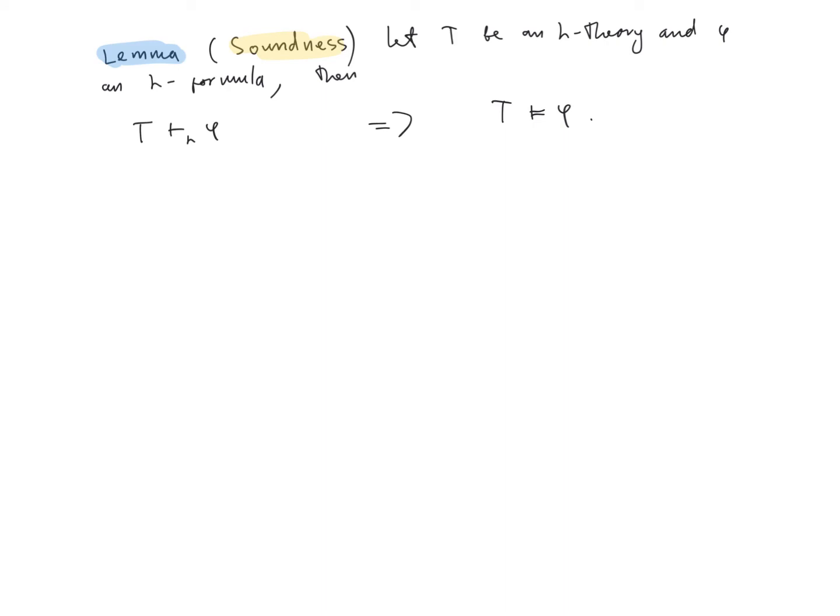So here we have a syntax of formal provability on the left-hand side, and we have logical consequence, or the semantical consequence, on the right-hand side. Proof.